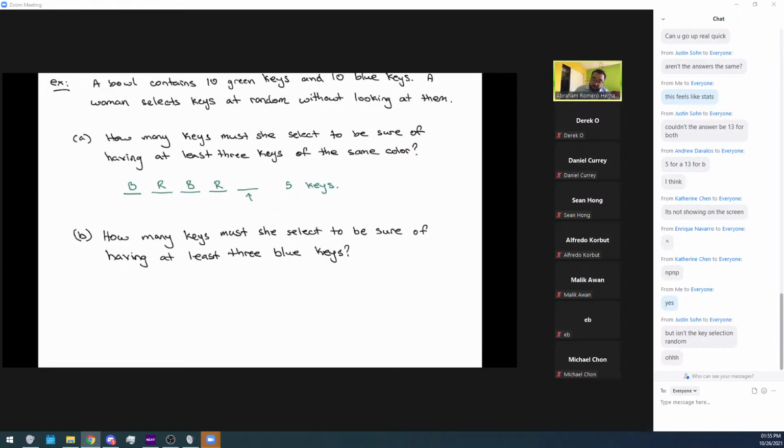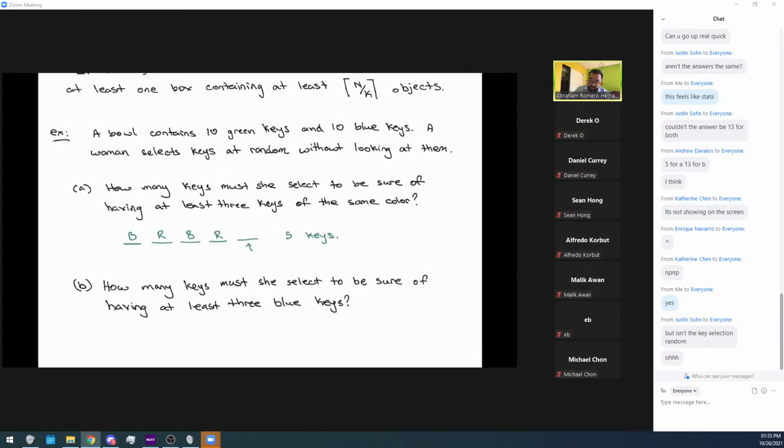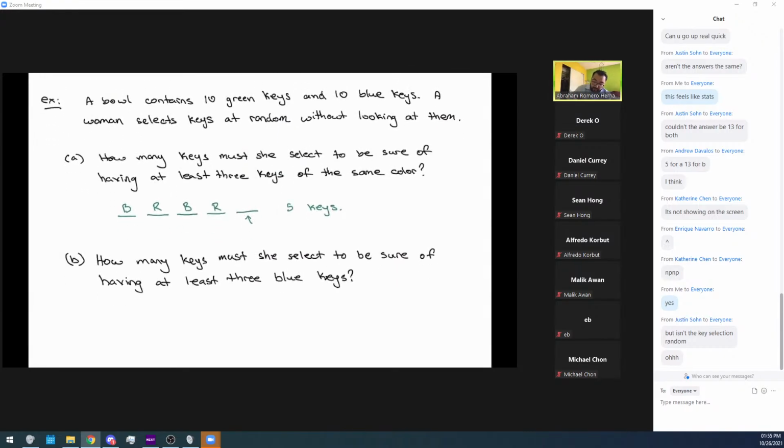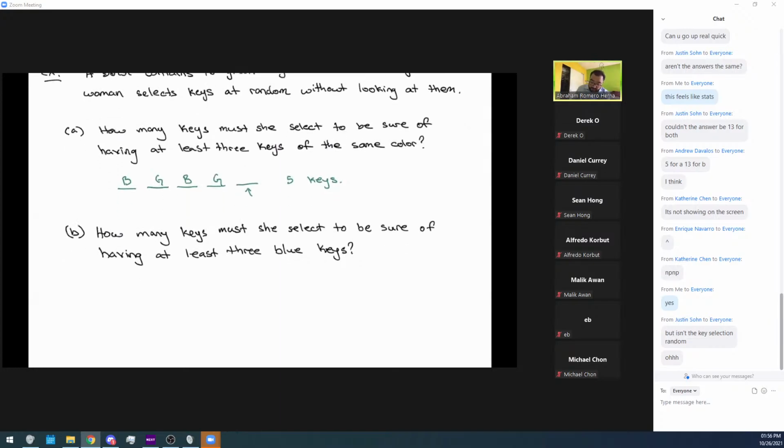The only possible way I can do that is if I select all the green keys first. Oh, I don't know why I said red. I have the word green there. My bad. So I have to make sure I select all the green keys first. So those are my 10 green keys.